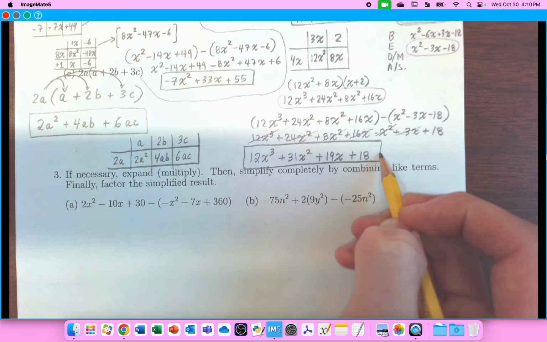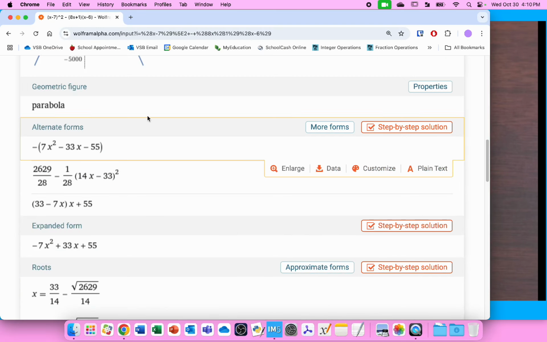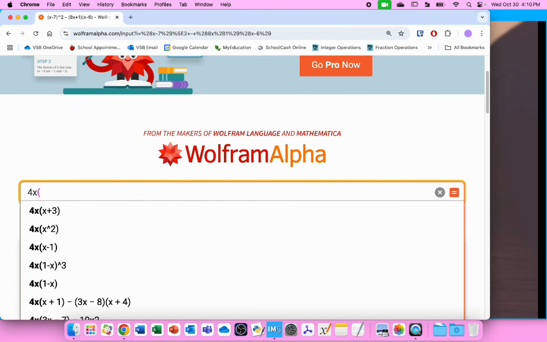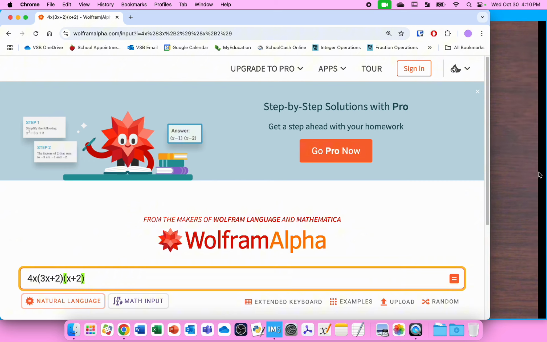That should be correct. We can check though. So what is it? It's 4x, 3x plus 2, x plus 2. Oh, and then sorry, there's a bunch of minus stuff.